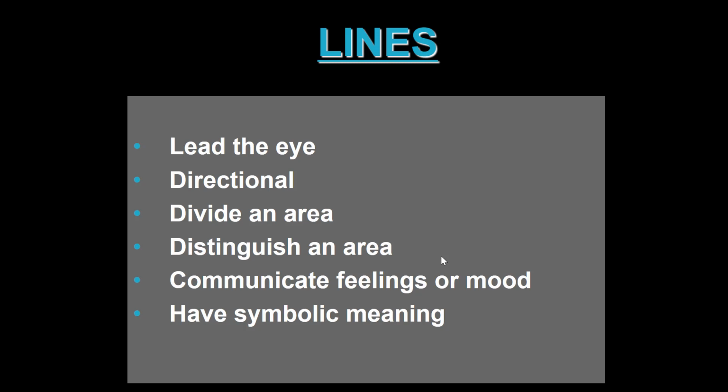So what can a line do? Well, it can lead your eye. It can help us focus on a particular direction or divide a particular area, or maybe even distinguish an area. So in a retail environment, for example, we may be able to use lines, whether on the floor plane or in physical space, to show where a particular department might be, or when a different product changes, or where sales might happen in the area.